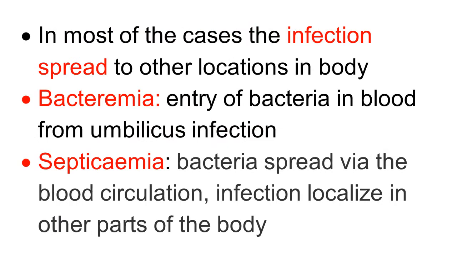In most cases of navel ill, the infection spreads to other locations in the body, and at the local place you may not find any inflammation. From the navel, bacteria enter the circulation from the umbilical infection and produce a condition called bacteremia.